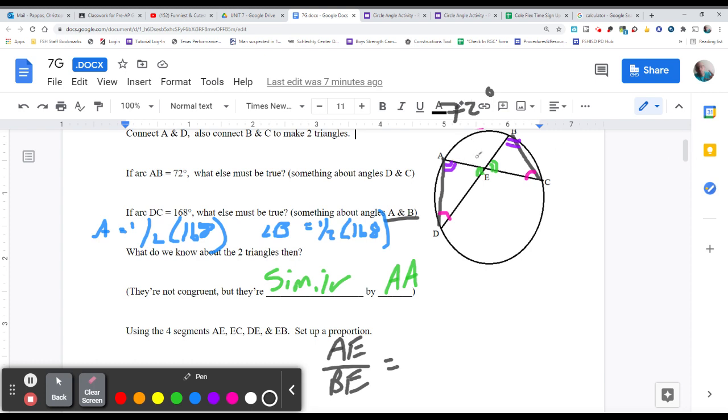AE is in between these two angles. BE is in between the same two angles there. And then on the other side, we have DE and EB.